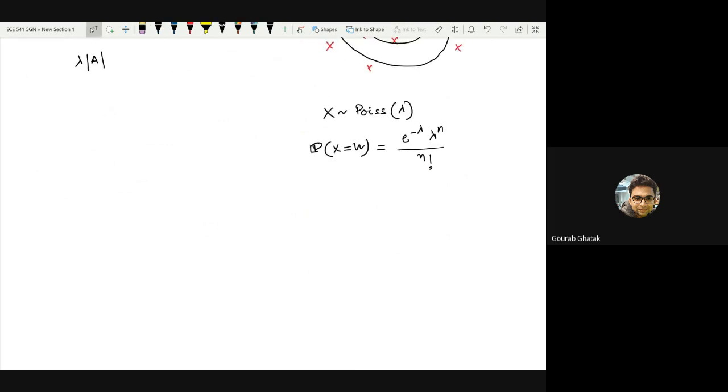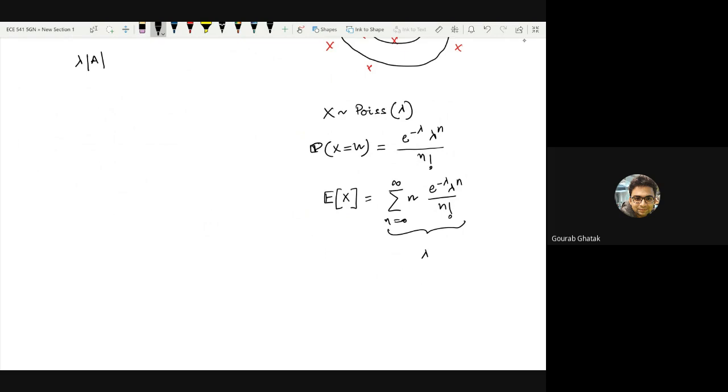And how would you find out the mean value of X? The mean value of X is simply all the values of n multiplied by the probability that it is indeed n, where n can be from 0 to infinity. Now, it takes a bit of trick to evaluate this, but it's fairly straightforward. You would find out that this is indeed lambda.